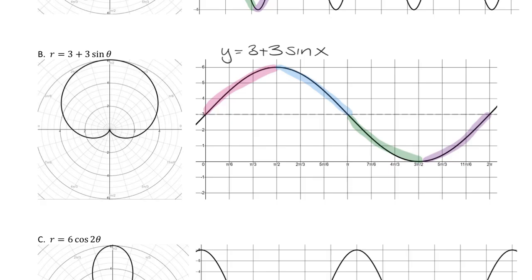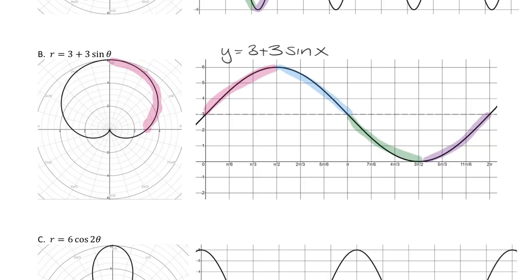Let's apply this to the cardioid that we have here, to the polar function. The first section of my graph here was going away from the midline. So the first section of my cardioid that's going to be pink starts at 0, which means we're starting here at the positive x-axis and going around in a clockwise manner.